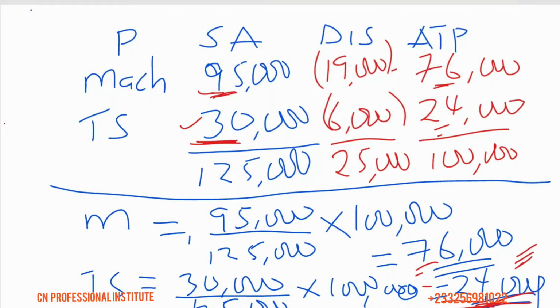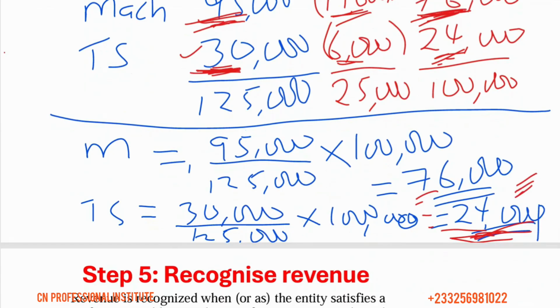For the machine, the standalone selling price was 95, the allocated transaction price was 76, so the difference is the discount. For technical support, standalone was 30, allocated was 24, so the difference was a 6,000 discount. So that's how we are going to do the allocation. We have so many ways of doing it.